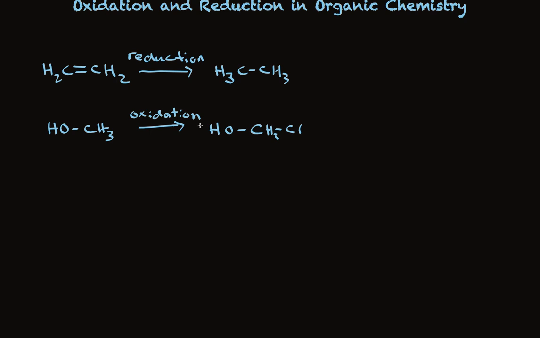Well, here it is. In organic chemistry, we use the following definitions, and there's 2 for each oxidation and reduction. First, let's say that Z is equal to a heteroatom more electronegative than carbon. In practice, this typically means nitrogen, oxygen, or halogen.